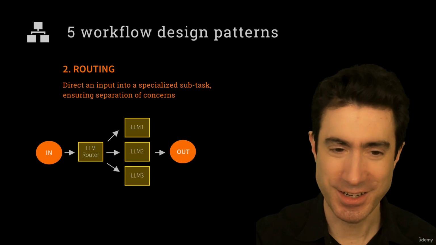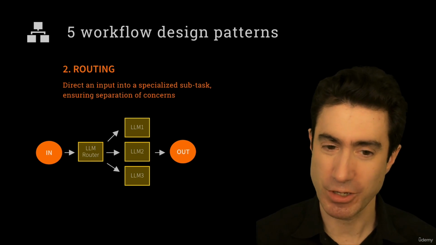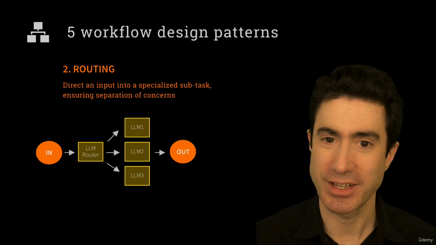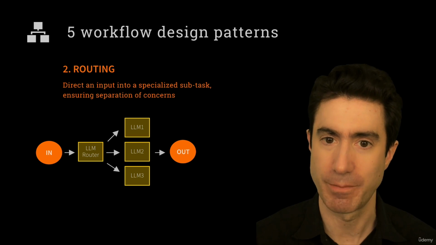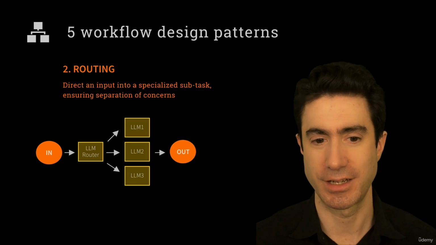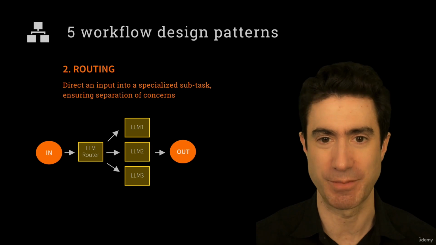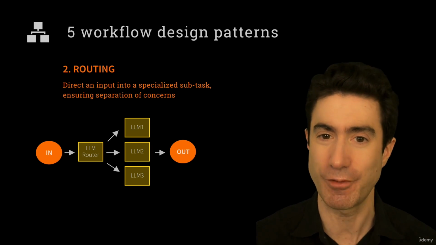Onwards, the second design pattern is called routing, and this is where an input comes in and an LLM has the task of deciding which of multiple possible models are selected to carry out this function. And the idea is that you might have specialist models. In here, they're shown by LLM 1, 2, and 3, and they're each good at different tasks.